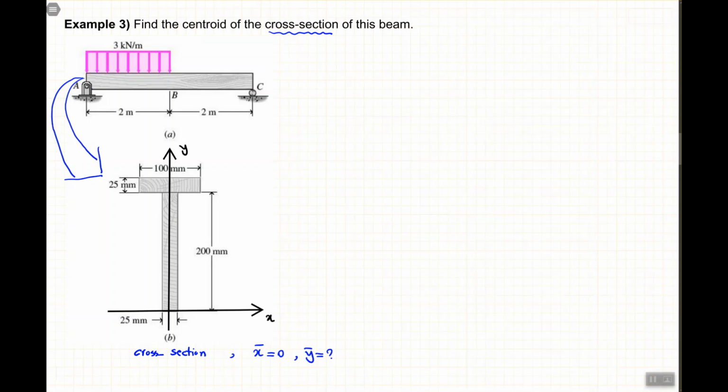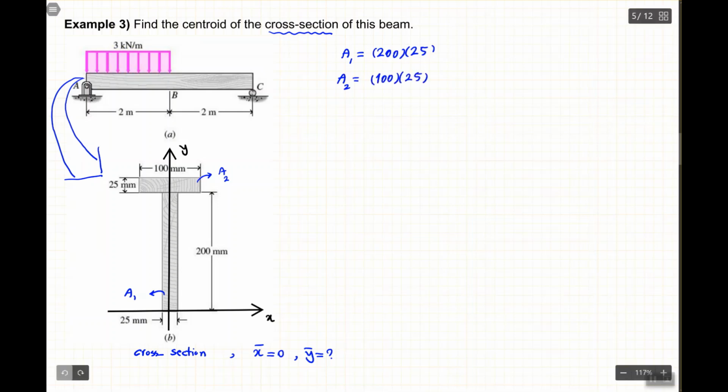All right, let's break it down into two areas. This is area number 1 and this is area number 2. Each of these areas has its own area. A1 is 200 multiplied by 25, and similarly A2 is 100 multiplied by 25.